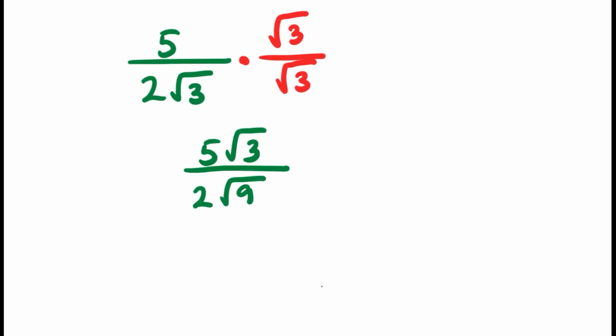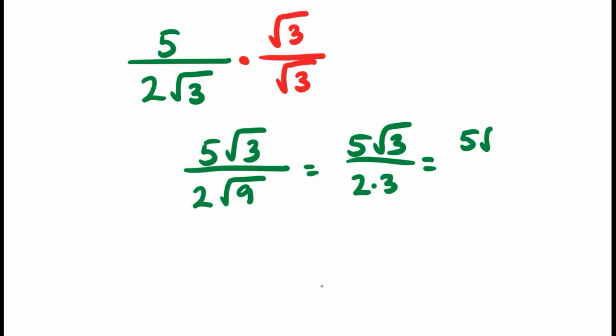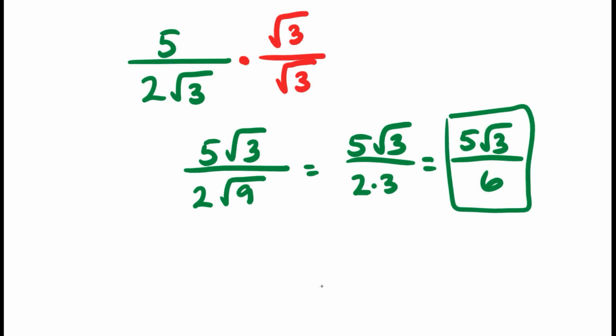Root 9 is just going to be 3, so we really have 2 times 3, or 6 in the denominator. I check: does root 3 simplify anymore? Nope. Did the 5 over 6 cancel at all? Nope. So our final answer is 5 times the square root of 3 over 6.